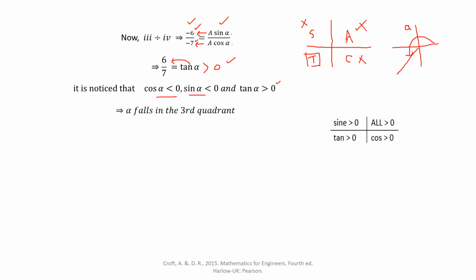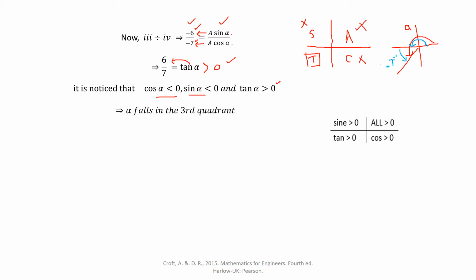This little angle in the third quadrant, from here to here, is tangent inverse of 6/7, and from here to the negative x axis it is pi, which means 180 degrees.